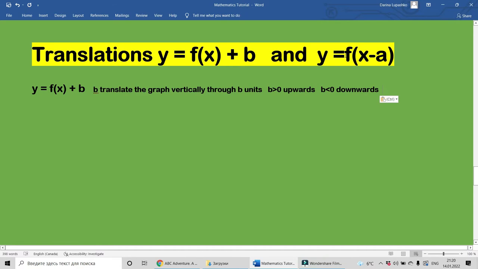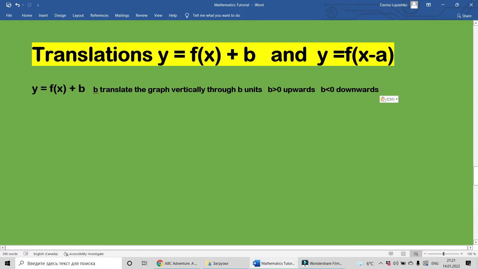Okay, the next translation is y equals f of x minus a. Here a is a number that shows how x is changed; the argument is changed, and we took it into the brackets. Such a translation means the graph is sliding right or left. If we are adding some number to x, so a is negative, we are sliding left.